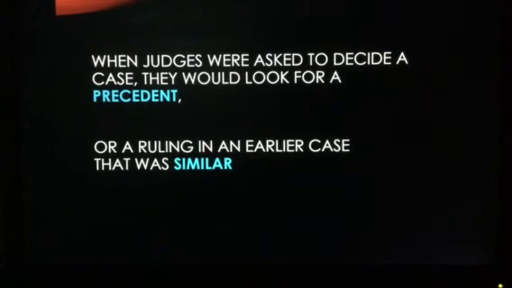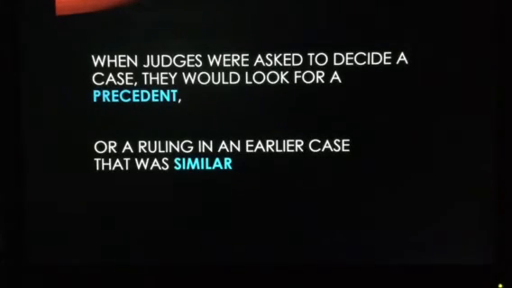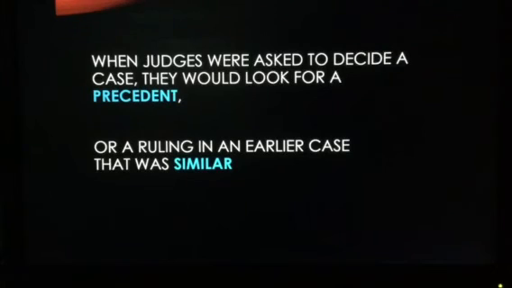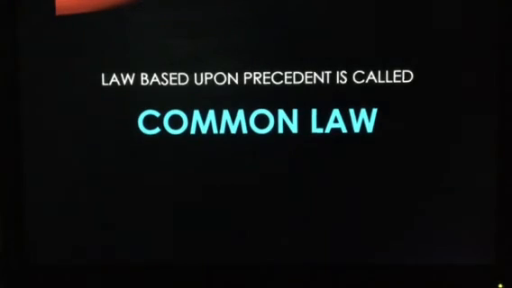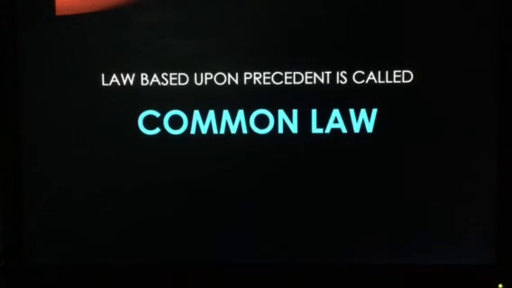This is a ruling in an earlier case that was similar, the same circumstances, a similar situation. The ruling made by the judge in the case would establish a precedent. It sets a standard for a later court decision. And law based upon precedent is called common law.